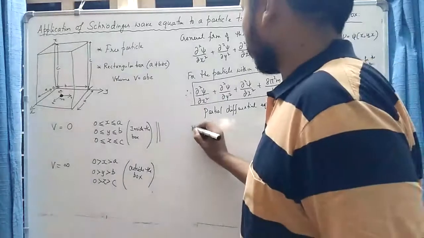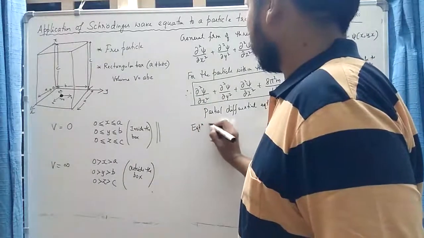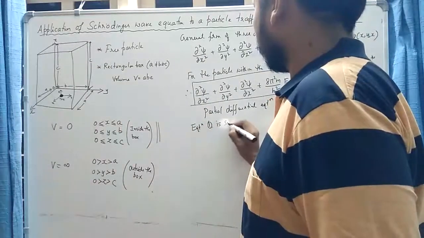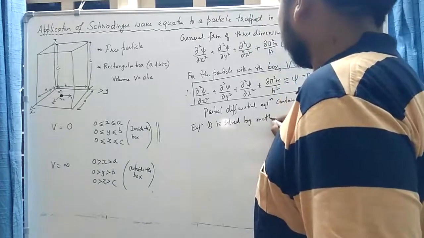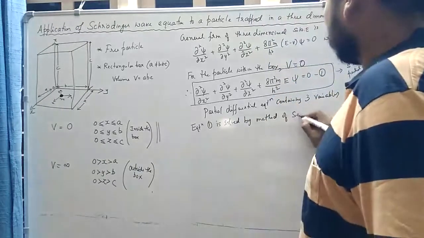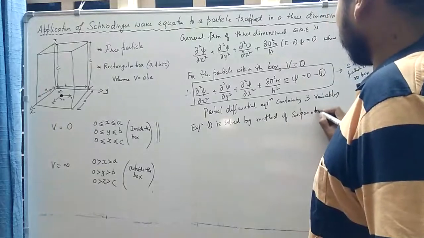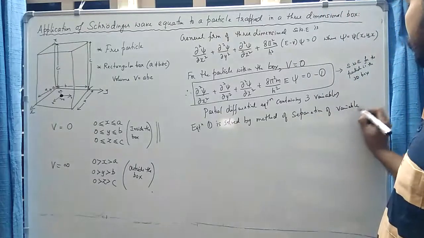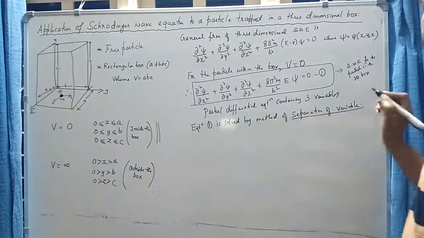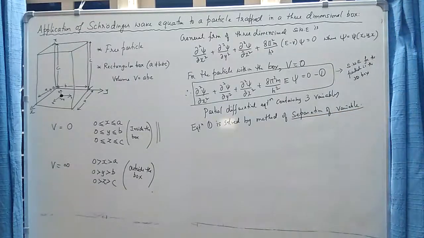So equation 1 is solved by the method of separation of variable. As the name suggests, we are trying to separate variables from one another.